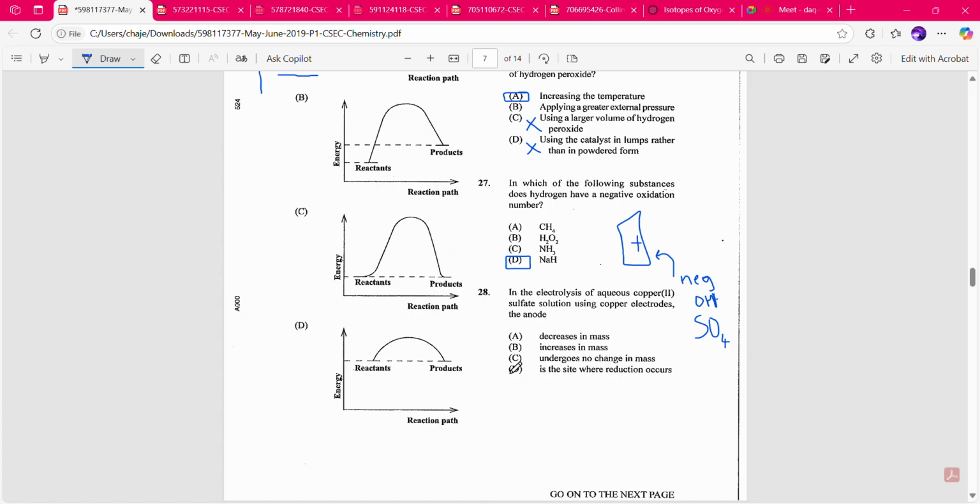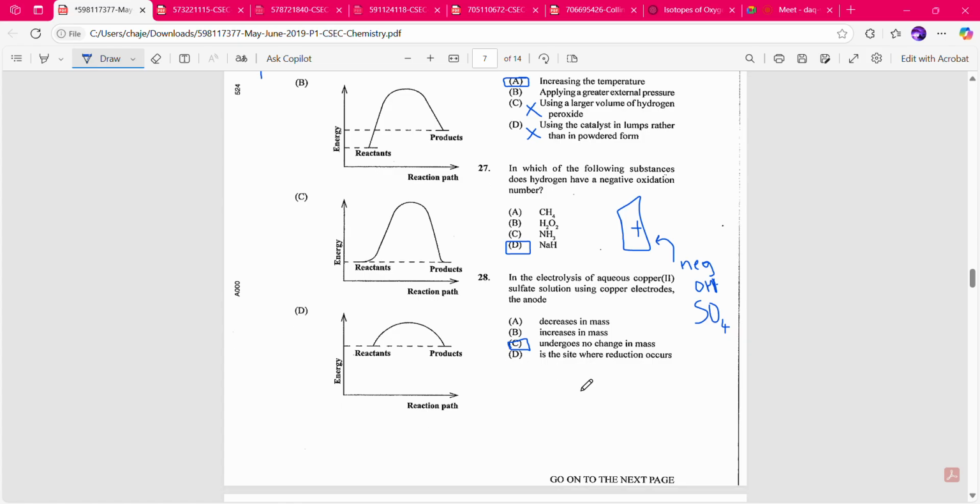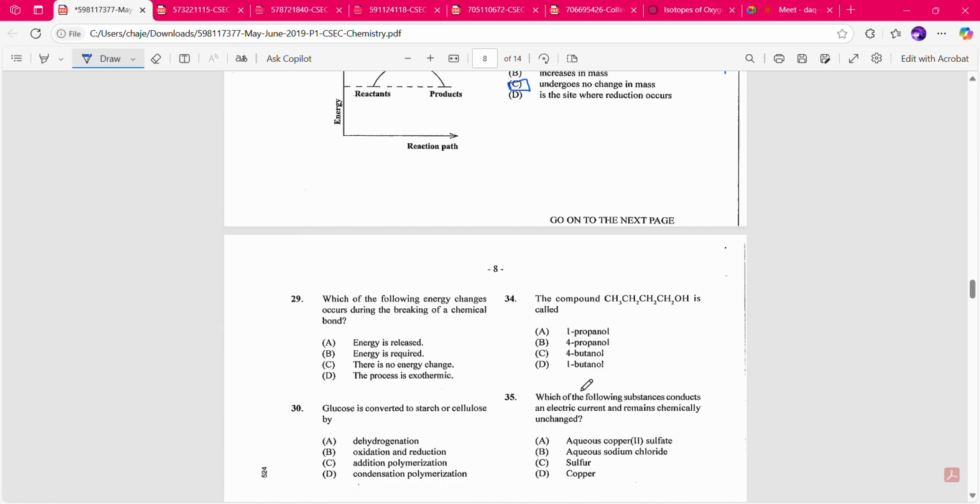All you're going to see is some oxygen gas. So I think C is the correct answer. I remember that oxidation occurs at the anode. So yes, it has to be C.